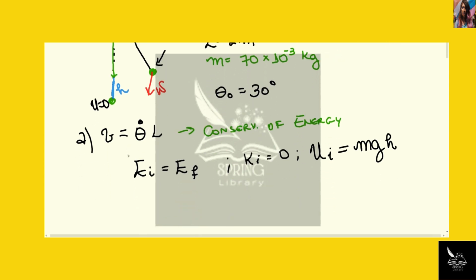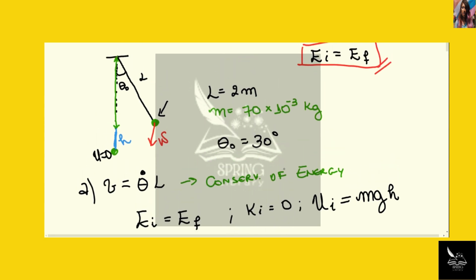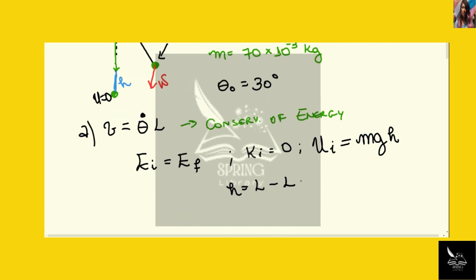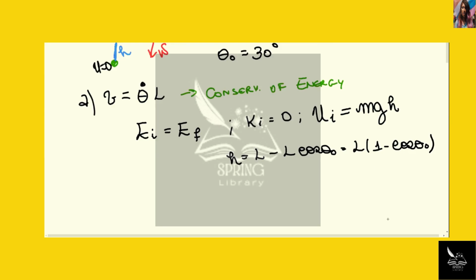Now, we can see that h is L minus the projection into the vertical axis, so L minus L cosine of theta 0. Let me just put L in front of everything: L times 1 minus cosine of theta 0.